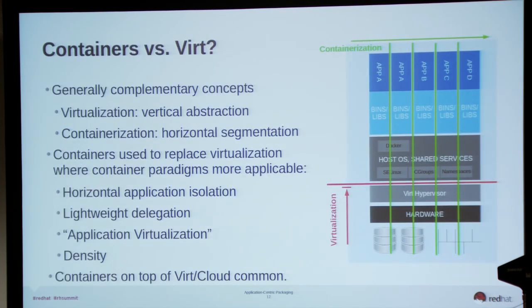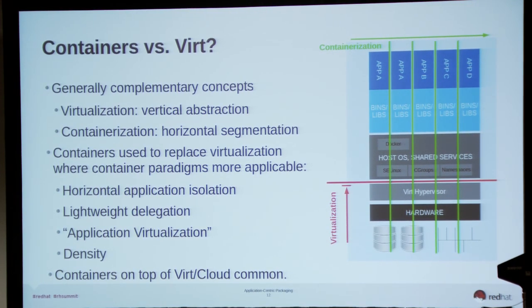One big question that always comes up is how does that relate to virtualization? From my point of view, it's generally orthogonal. Virtualization provides vertical abstraction, while we see containers primarily as horizontal segmentation. There's overlap, of course, especially in areas where virtualization has been used outside of its core sweet spot for application isolation.